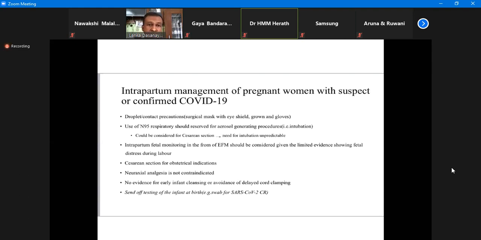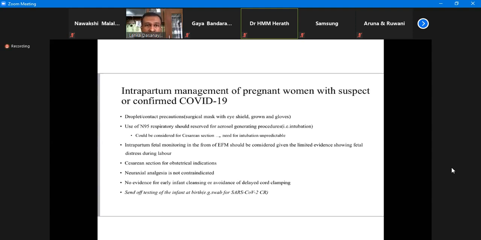Cesarean section is usually done under spinal anesthesia. In that case, an N95 mask is not necessarily needed, but you have to use full PPE. During normal labor, intrapartum fetal monitoring with continuous fetal CTG is recommended, because we consider this a high risk condition, to detect fetal distress and then manage it subsequently.